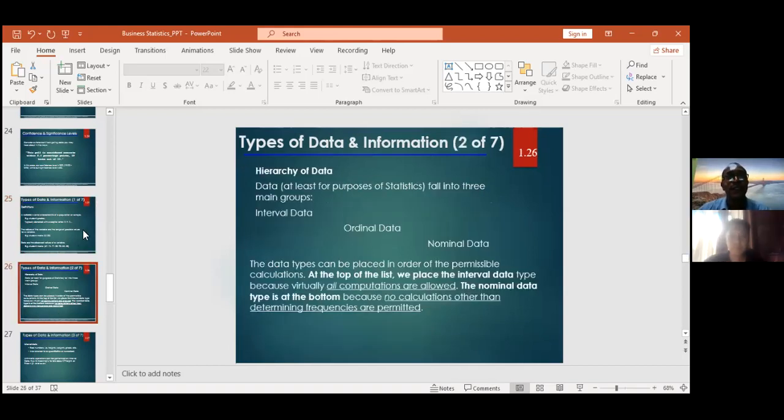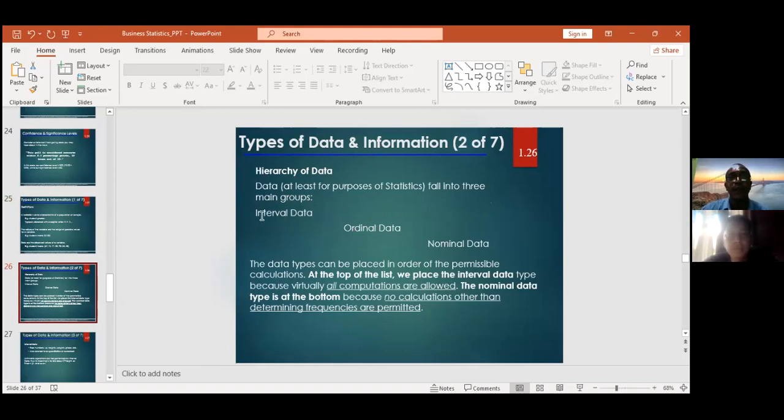Now let us see the different types of data that you can come across in a statistics course or in a business statistics course. So one of these is called hierarchical data. Data, at least for the purpose of statistics, fall into three main groups: interval data, ordinal data, nominal data.